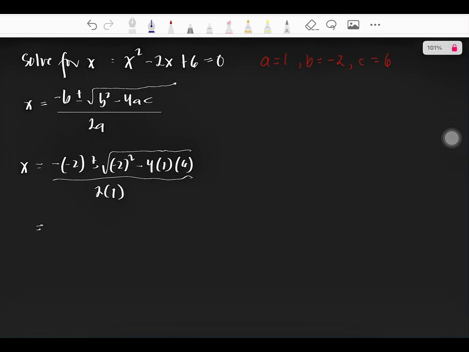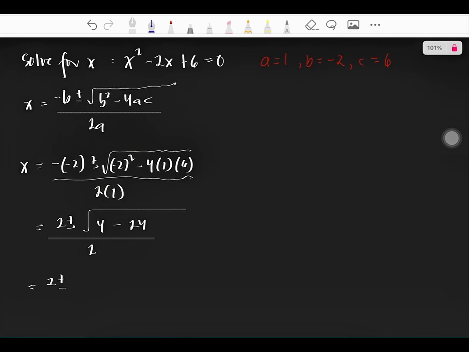So now we have 2 plus or minus the square root of positive 4 minus 4 times 1 times 6, which is 24, all over 2, since 2 times 1 is 2.